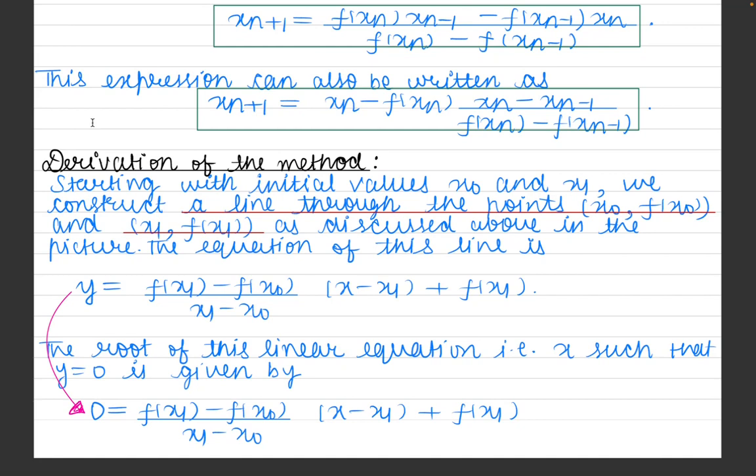We construct a line through the points x0 comma f of x0 and x1 comma f of x1, as discussed above in the picture.